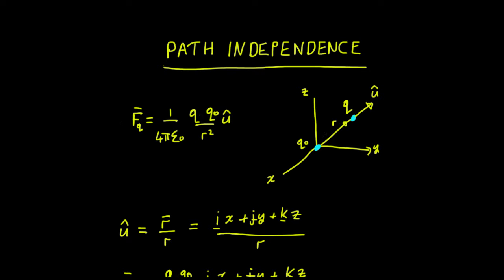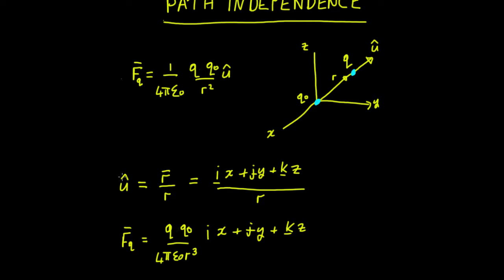That's the distance r between them squared, and it's in a direction given by the u hat. That's a unit component, in the direction between these two charges, so it's going to point out in that direction. First of all, we can write that our unit component u is going to be r divided by the length of r.